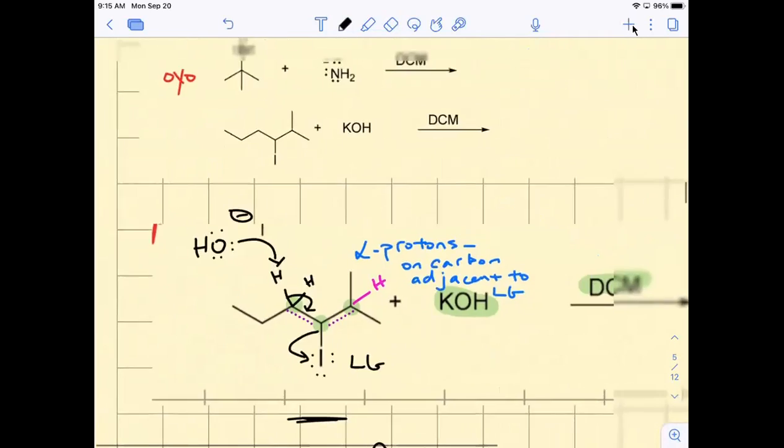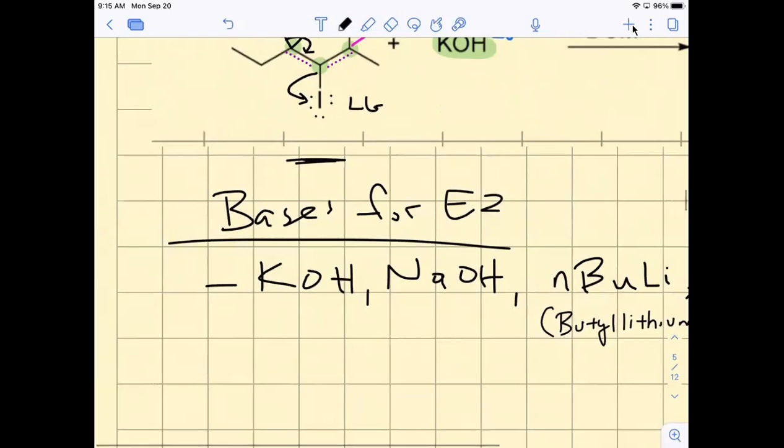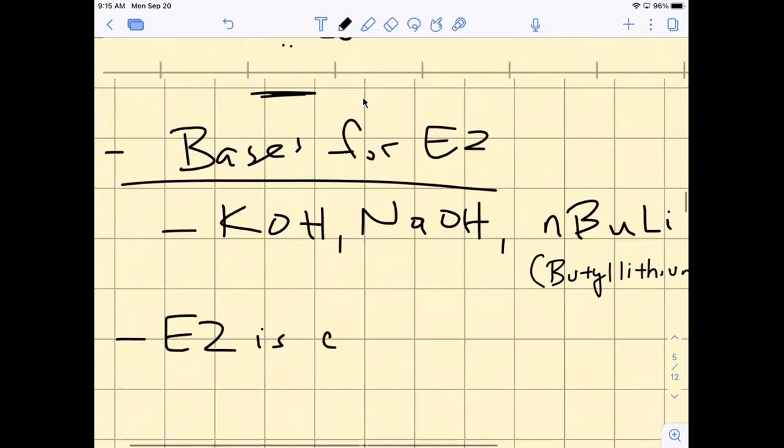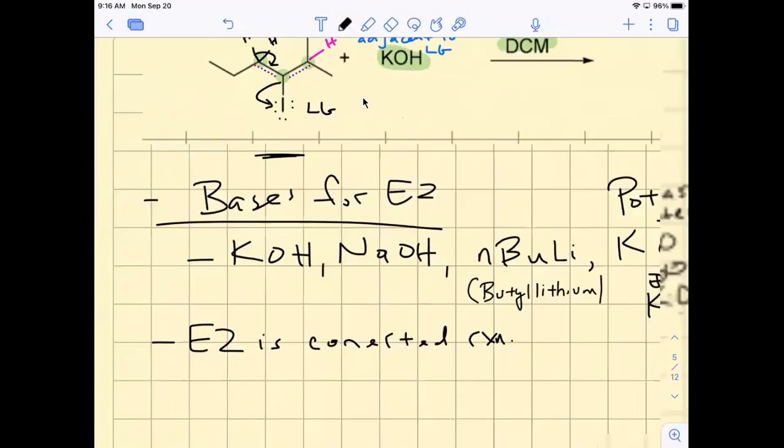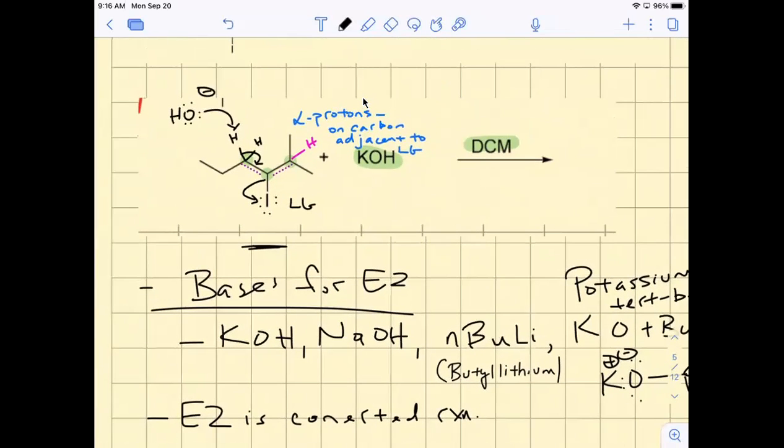So just like the SN2, the E2 is a concerted reaction. So when the base is coming in and removing that proton, at the same time the pi bond is forming, and at the same time the leaving group is leaving.